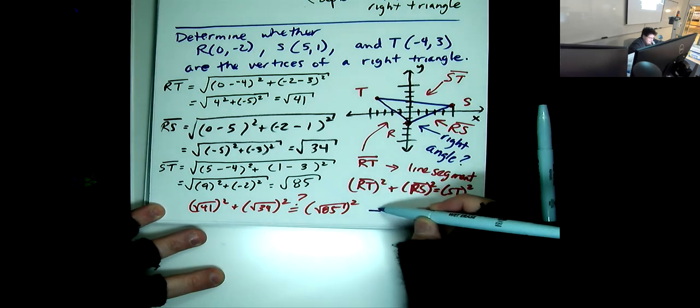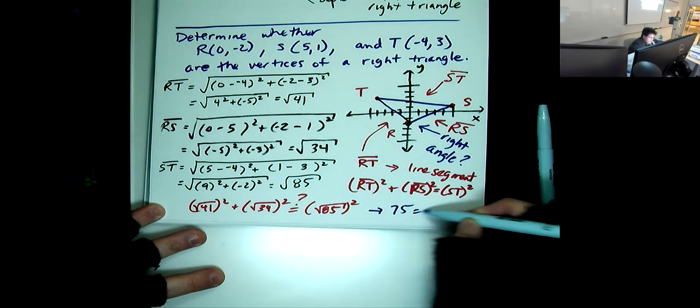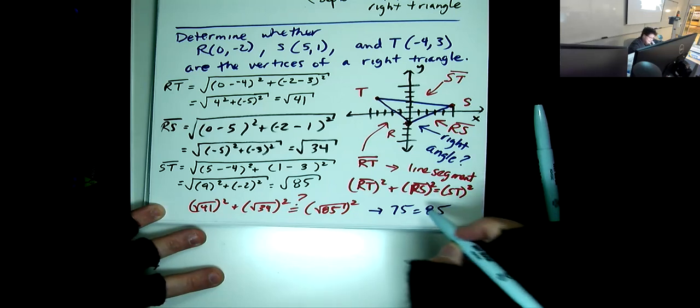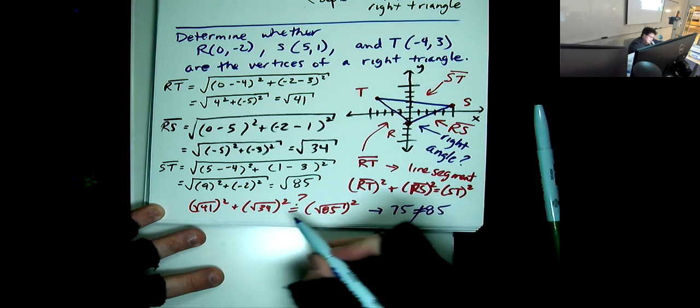I'm getting 75 on the left and 85 on the right. So even though it looks like it might be a right triangle, it's not. 75 does not equal 85. It is not a right triangle.